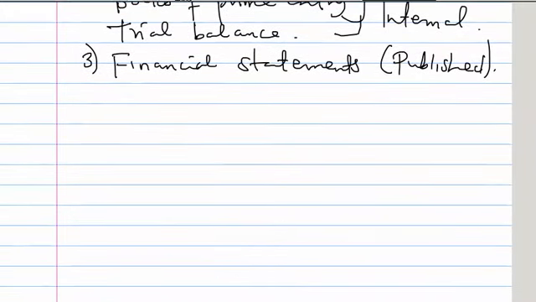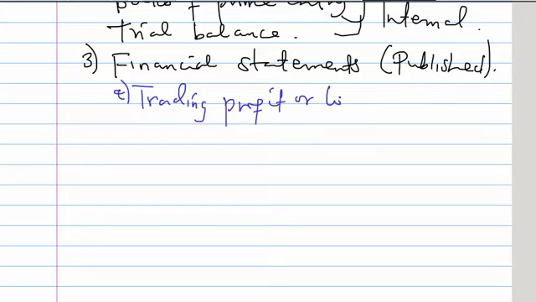There are a number of financial statements that a company produces. The main ones are a trading profit or loss statement, also sometimes called a trading profit or loss account.